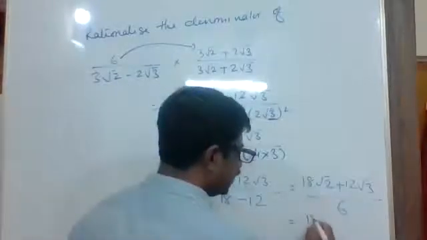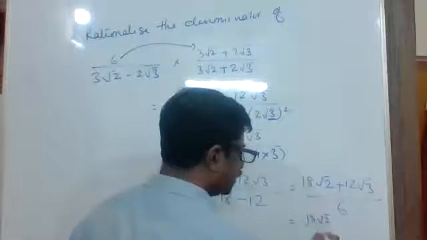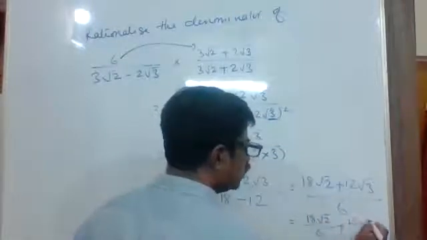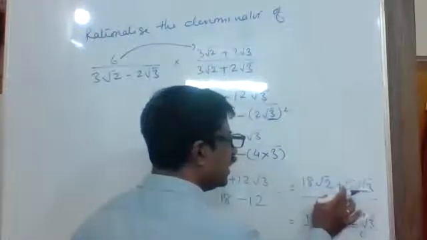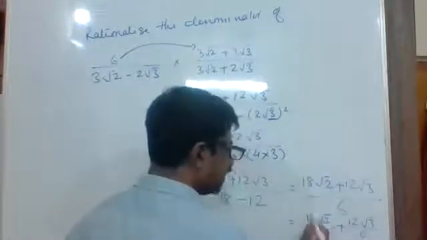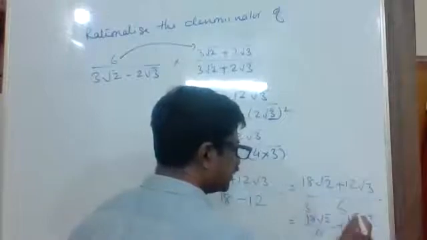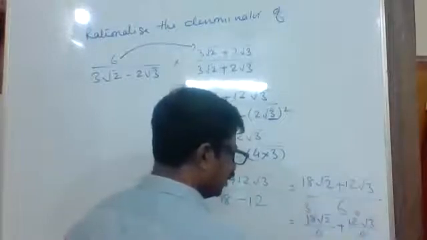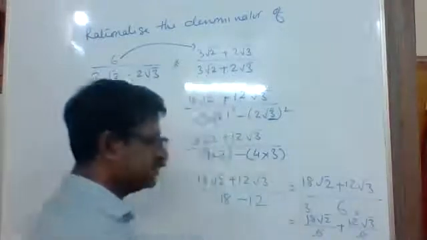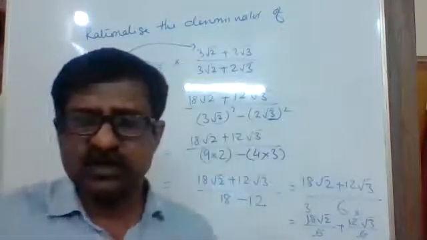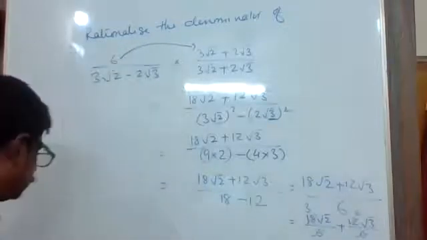This can be written as 18 root 2 upon 6 plus 12 root 3 upon 6. Separately, we have written the 6 for this number as well as this. This can be cancelled. 6 3s are 18, 6 2s are 12. Therefore, it will become 3 root 2 plus 2 root 3. That's the final answer: 3 root 2 plus 2 root 3.